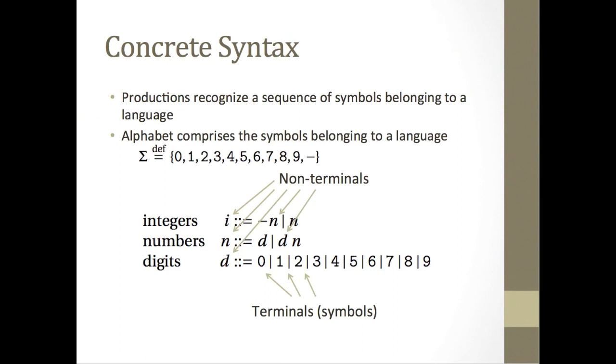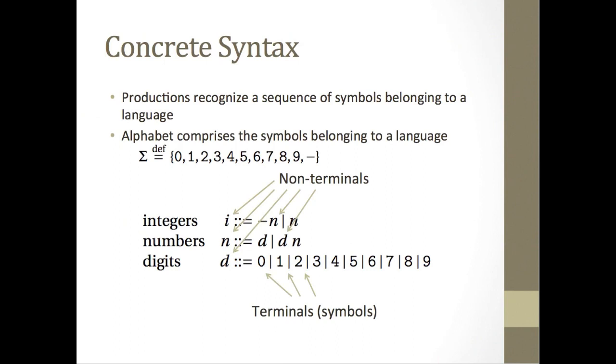As shown in the previous slide, these are 3 production rules. The italic I, N, and D all represent non-terminals. And as you can see, they all produce either another non-terminal or terminals, which are symbols.